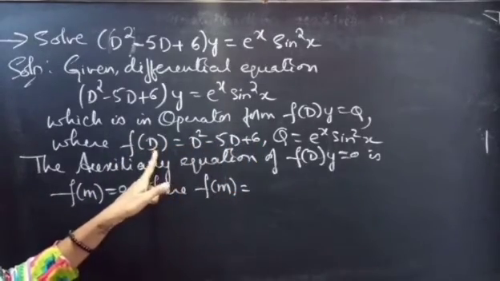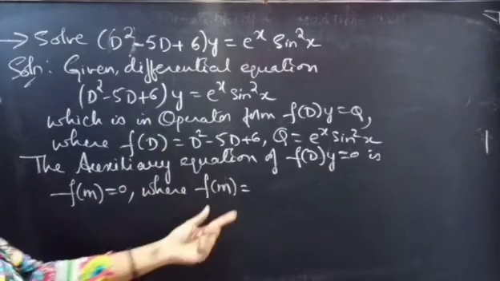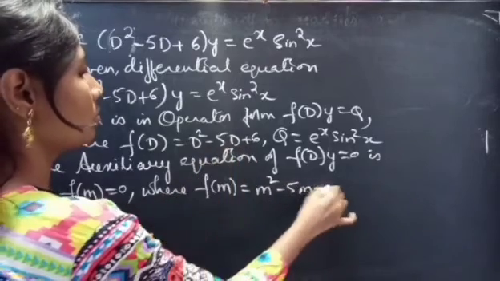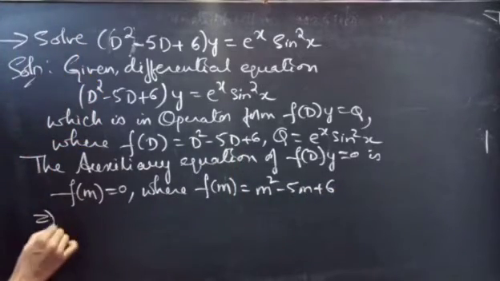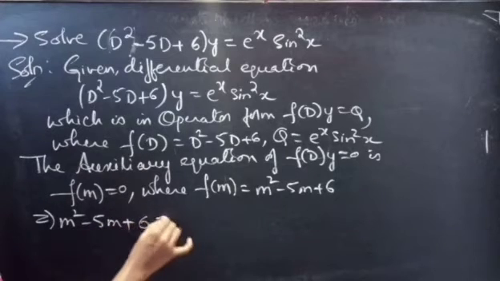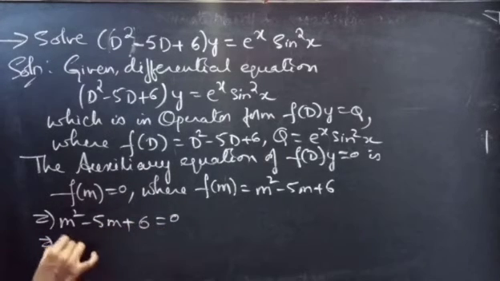Now we need to replace the differential operator D by m, so that we get f(m) = m² − 5m + 6. Now our auxiliary equation will be m² − 5m + 6 = 0.